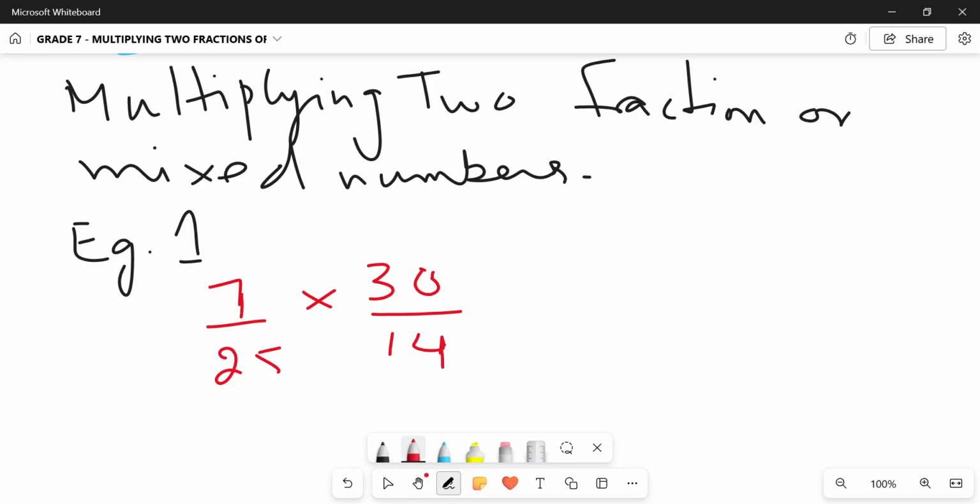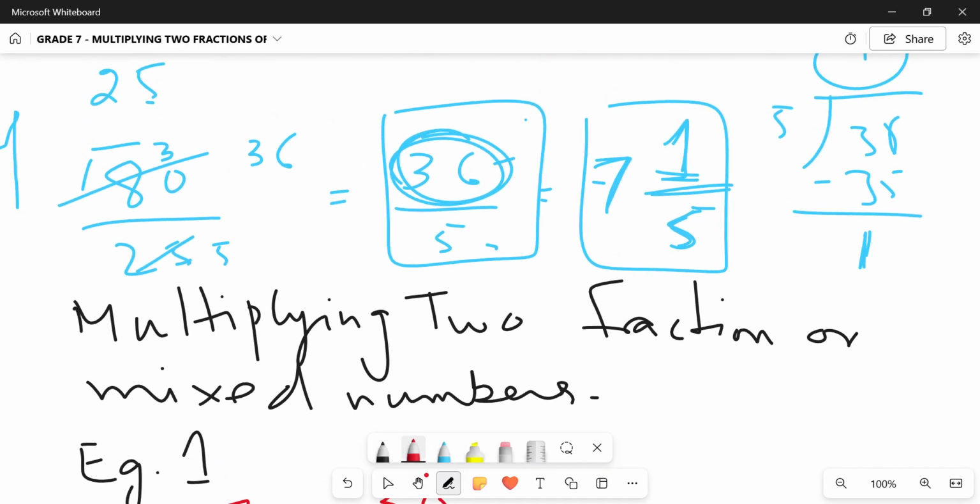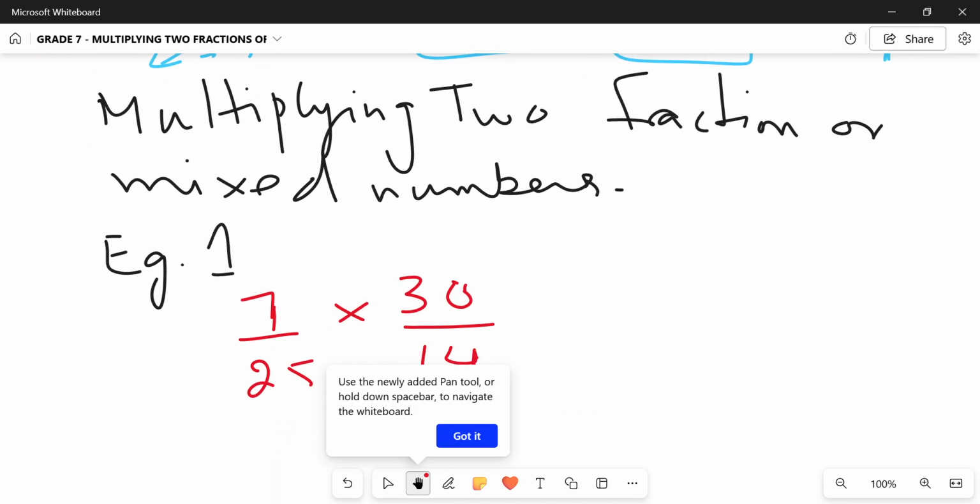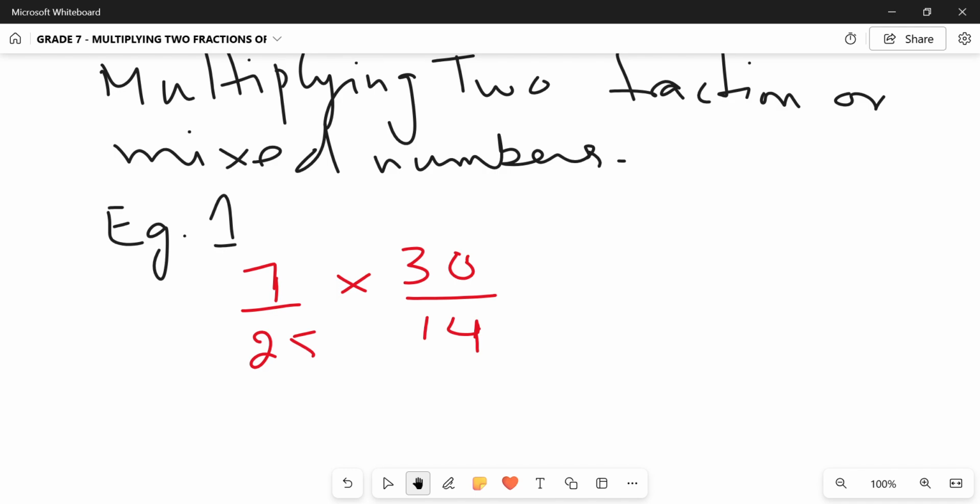So now in this example, what we need to do is simplify, like we have simplified here. Before it was only one fraction, right? Now, sorry, we have two fractions, right? In these two fractions, the method is that we need to simplify, bringing it into the simplest form.